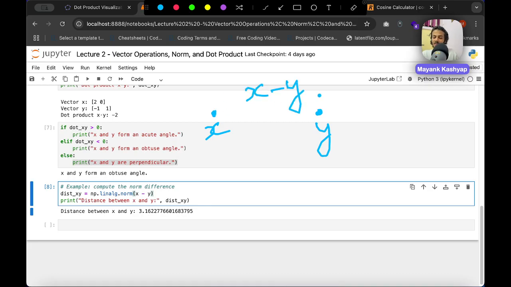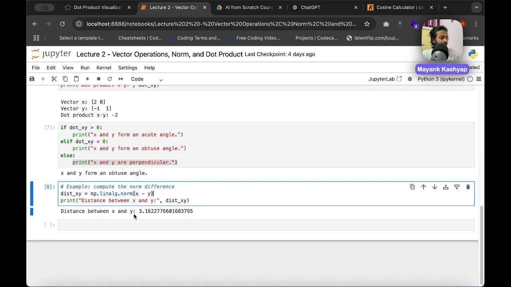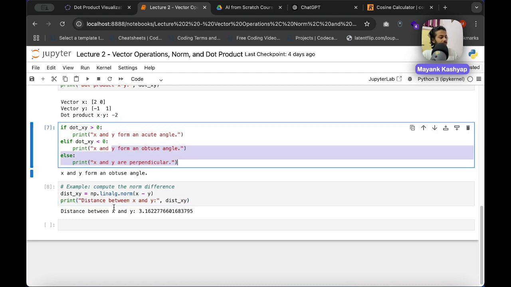That is simply x minus y, or you can do y minus x as well, but because they are lengths, you will be doing the modulus, so you will get the positive distance, obviously. And so we are getting here as well this 3.16. This distance is for these vectors, by the way.